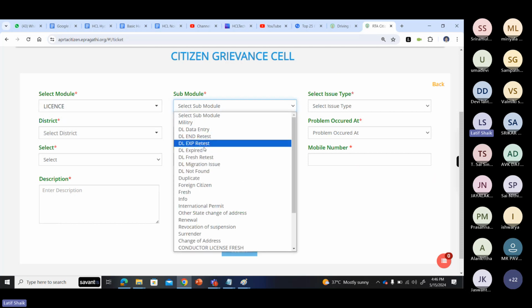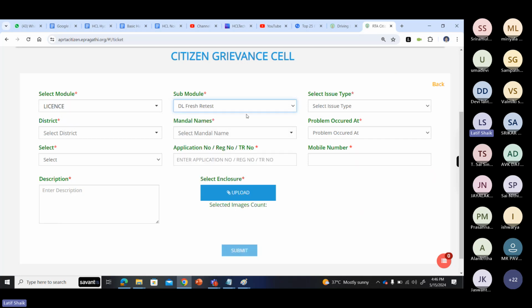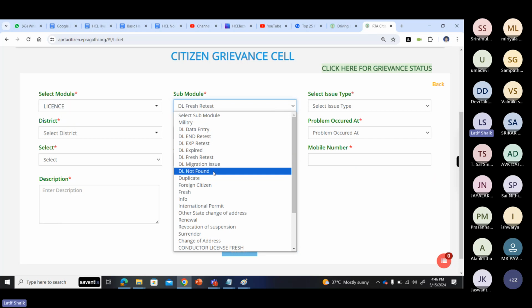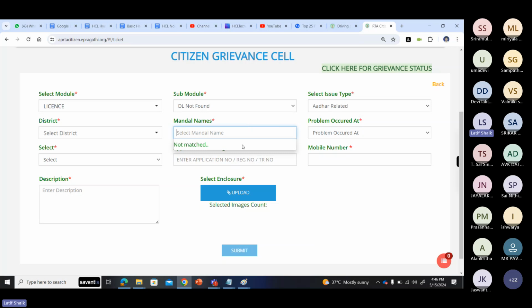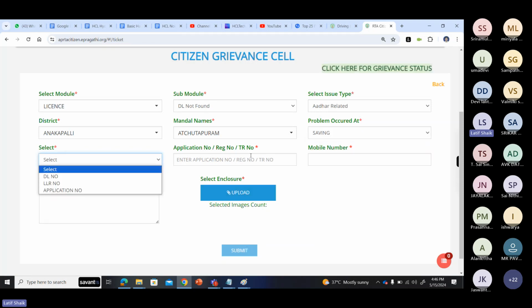Maybe my DL is expired, or maybe I want a fresh retest. Or DL not found, or other related issues. Maybe which district and which place. Give the details, upload the relevant documents and submit.